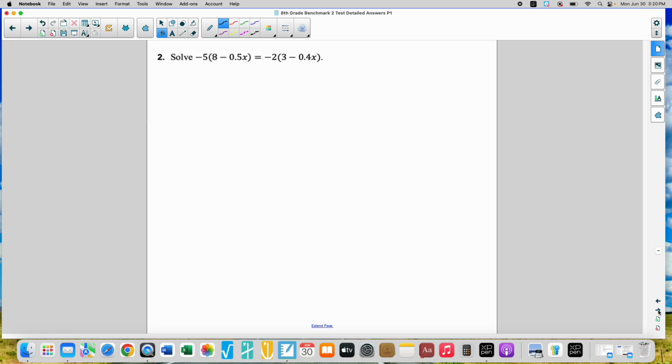Here we have some simplification. We can't combine these variables yet because we have parentheses. So we're going to distribute.